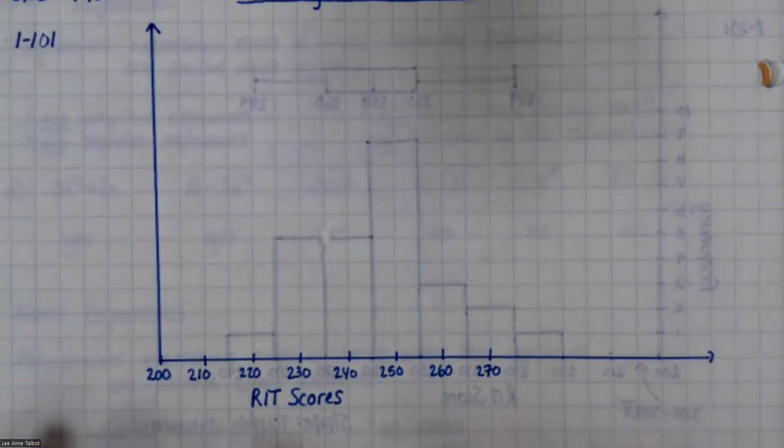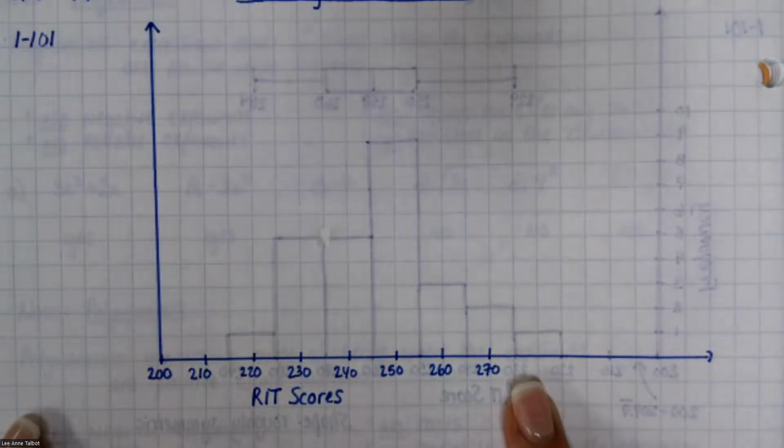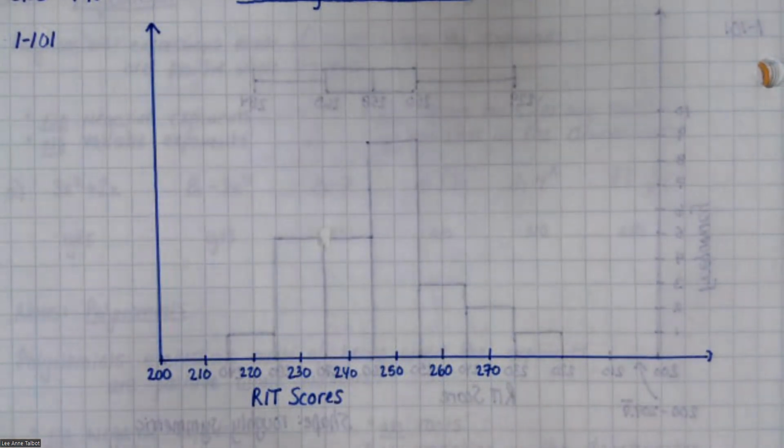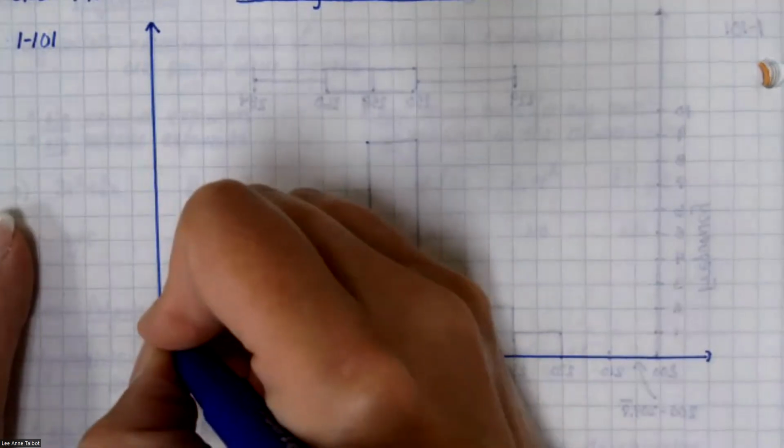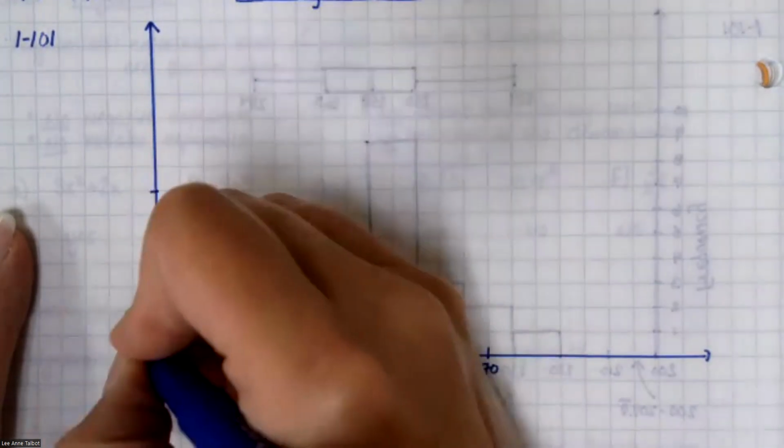Okay, so I labeled the bottom of my histogram, and I labeled what it's doing. The y-axis of a histogram is always the same thing.